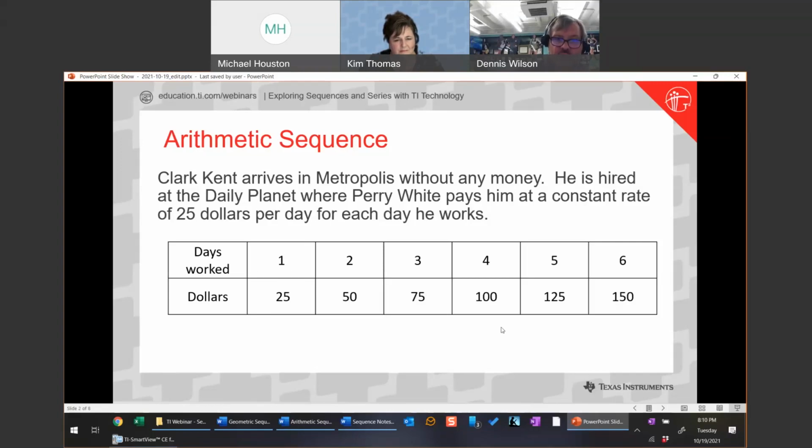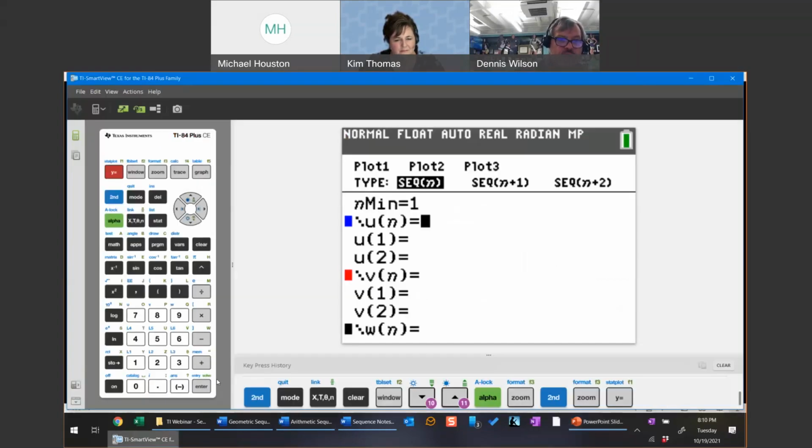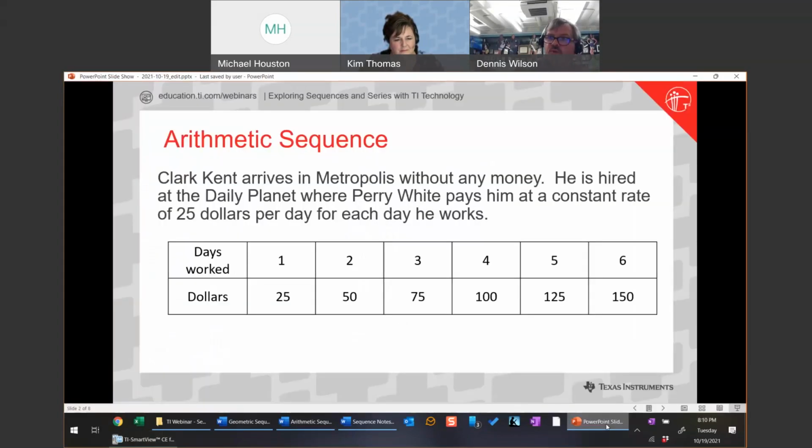My output, my function, is going to be dollars. So when I go here, I want to plot this as u(n) as an explicit sequence. So what function might I use for this sequence of values? What function might get me the value I need?